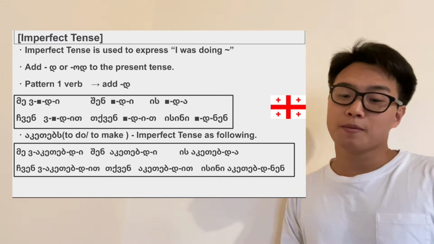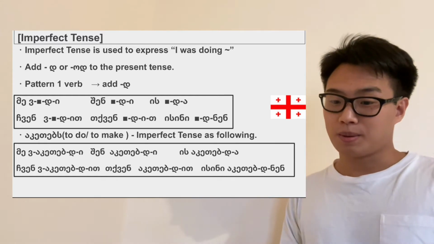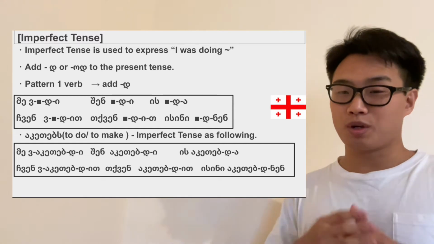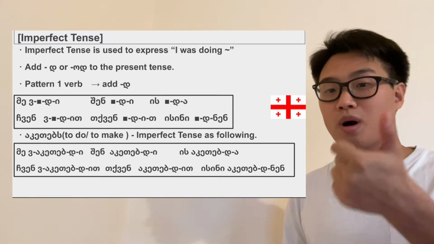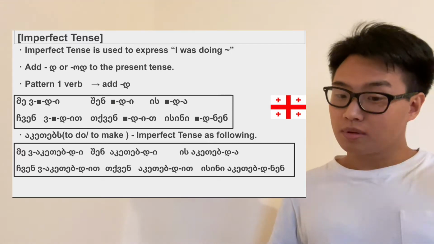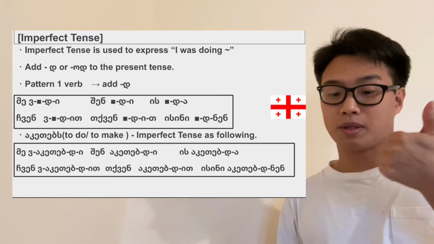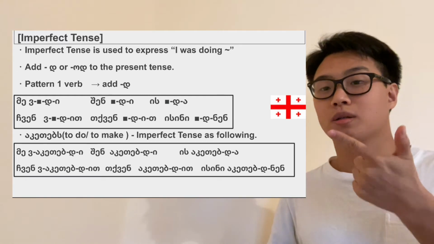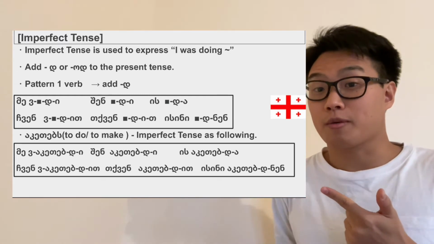So how to make the imperfect tense in Georgian? It's actually simple. We only have to add -di or -od to the present tense. We have to add -di for the pattern 1 verbal conjugation, and we have to add -od to the pattern 2 verbal conjugation.